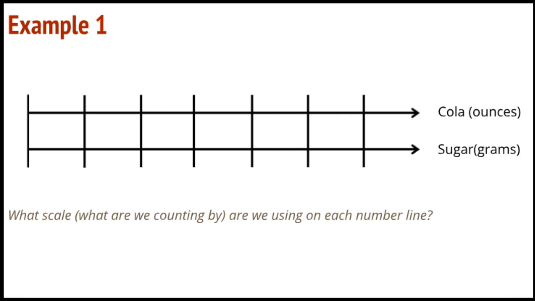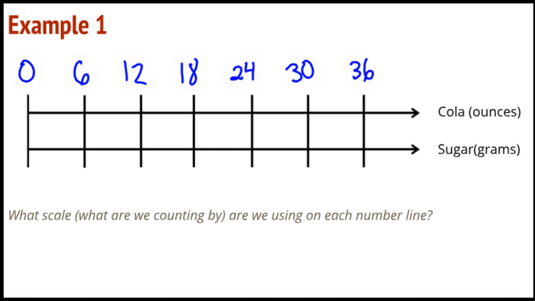So on our table, what were we counting by when we counted the cola? Well, we were counting the cola by sixes. So I could take and label my double number line 18, 24, 30, and 36.